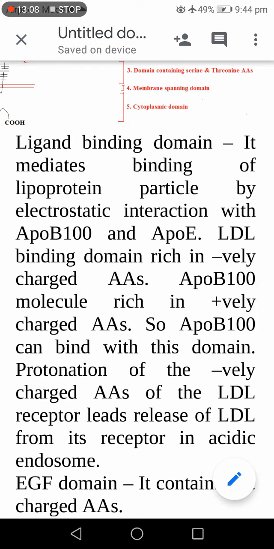How does the LDL receptor dissociate the LDL molecule in the endolysosome?